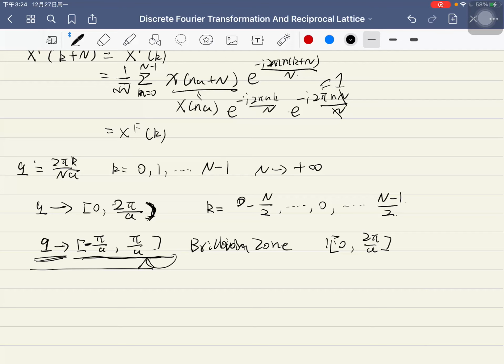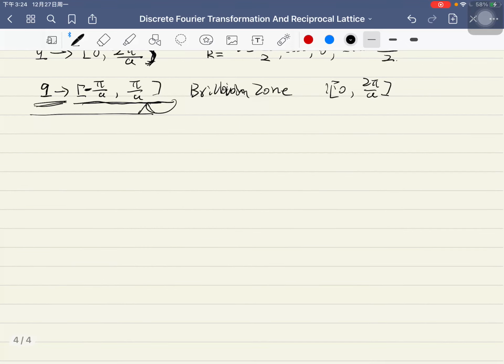Now we want to come to a more difficult part, the three-dimensional case.